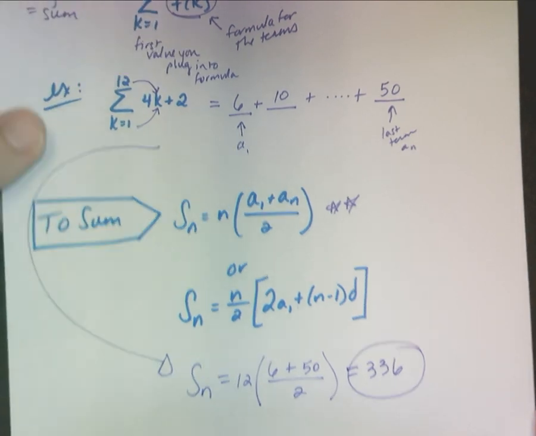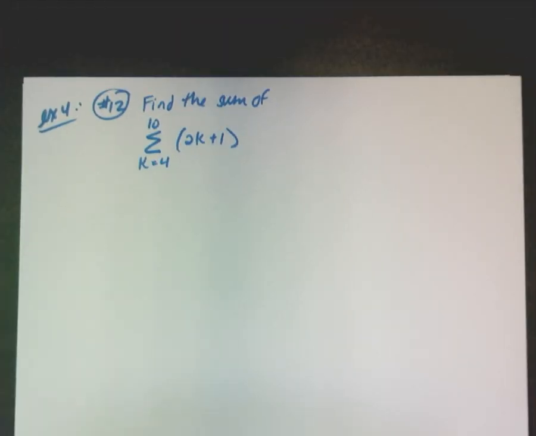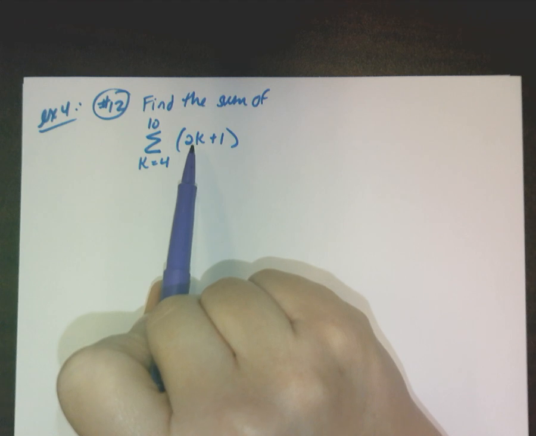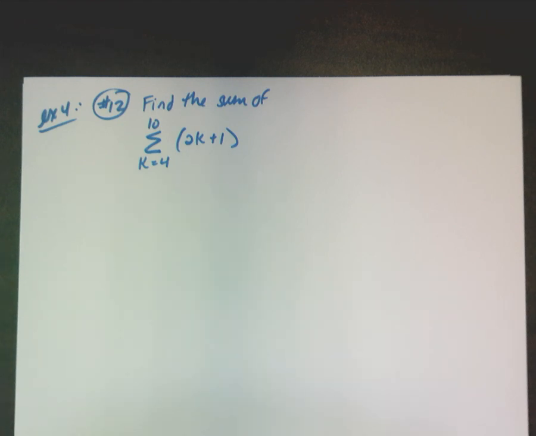So we're going to do one more problem here, and this is actually question number 12 on your homework tonight. Woohoo! You are to find the sum when k is 4 through 10 of 2k plus 1. Okay, so here's what I would do first. I want to get what that first number, that a sub 1, is.